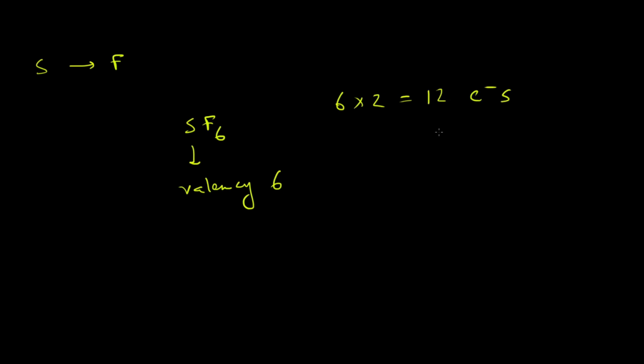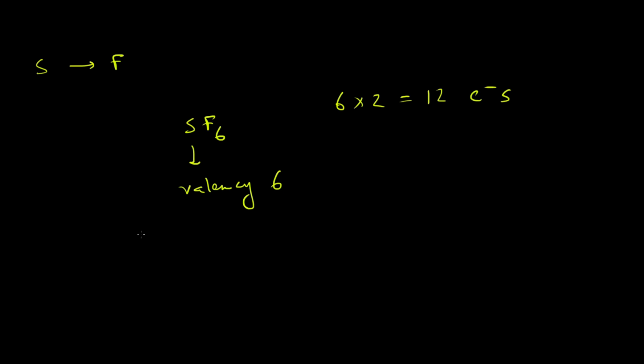And due to that reason, when sulfur interacts with fluorine to make covalent molecules, SF6 is formed, where sulfur possesses the valency 6. So in this case, you can see that the octet rule is not fulfilled by sulfur, because here sulfur is sharing a total of 12 electrons in its valence shell, right?